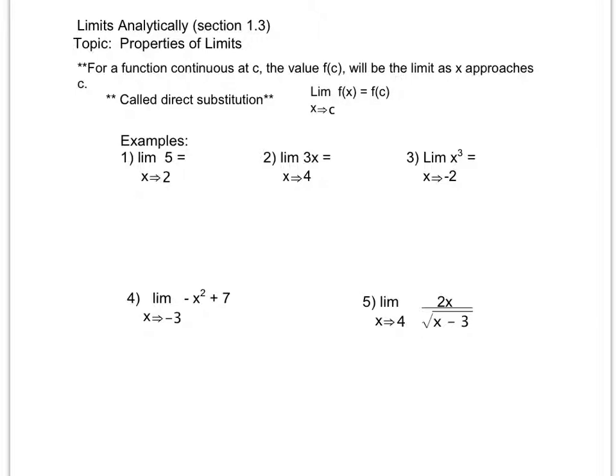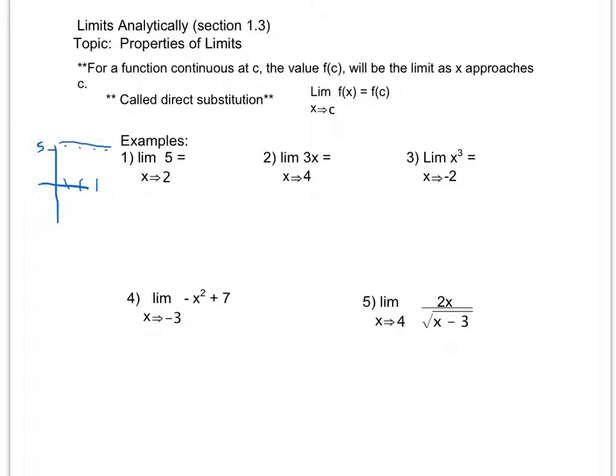First example, if I'm taking the limit of some function f of x equals 5 as x approaches 2, well, if my function is just f of x equals 5, doesn't that mean that no matter what my x value is, my y value is 5? So I'm going to get this straight horizontal line.